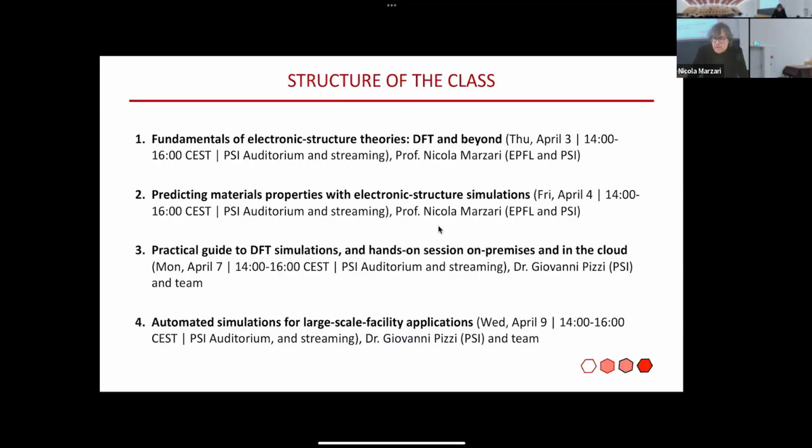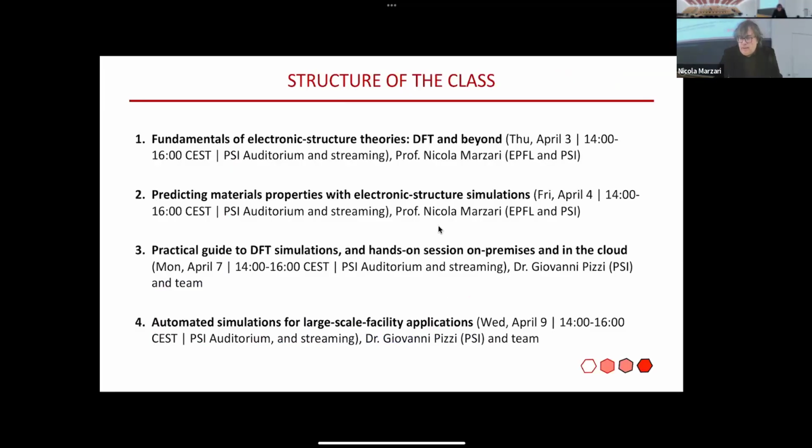So the class is organized around these 4 lectures. Tomorrow we really see how these theories work in practice, that is how you can predict materials properties with the simulations. On Monday, we dig a bit deeper into what the computational parameters and computational setup are to do this simulation.